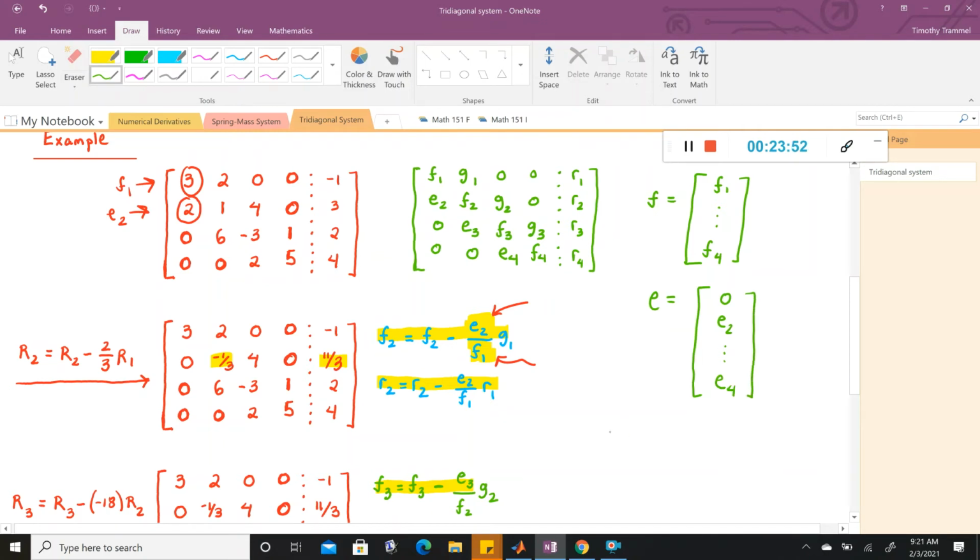And for G, it'll just be the opposite. It'll start at G1, and it will go to G3, and then we'll have a 0 at the end. That way all these vectors are the same length.